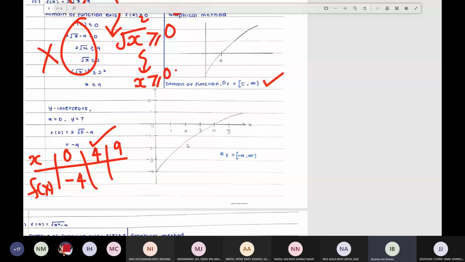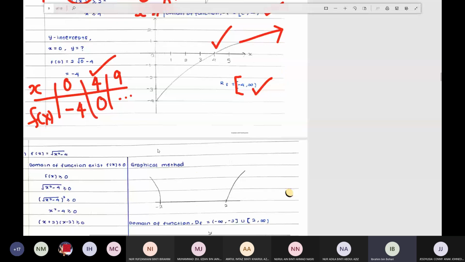You plot the graph and the graph goes to positive infinity. And the range of the function, graph ini betul. And the range of the function here, negative 4 to the positive infinity. Include negative 4. Okay, settle.